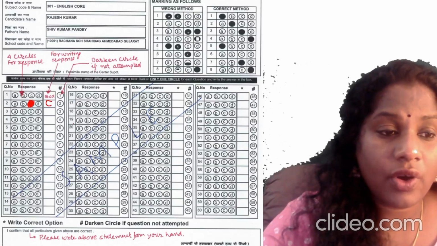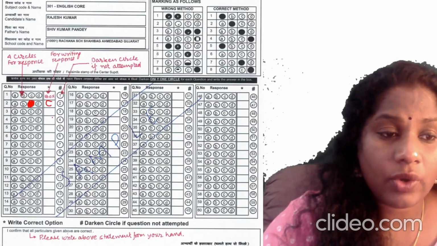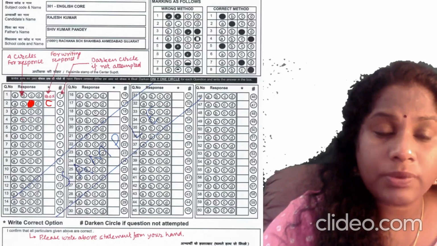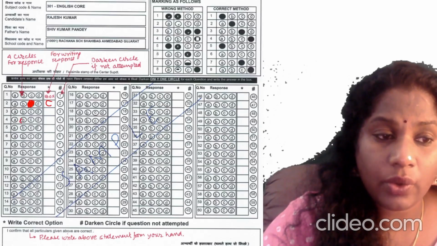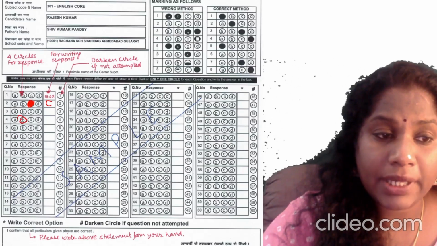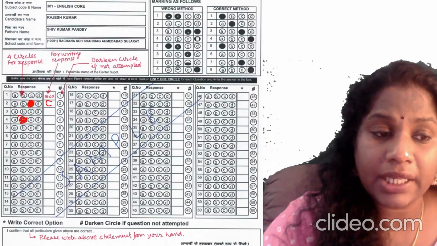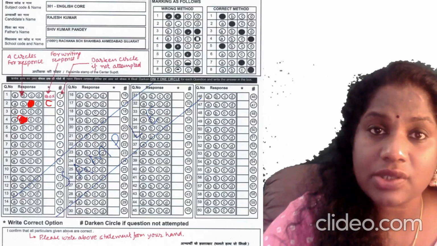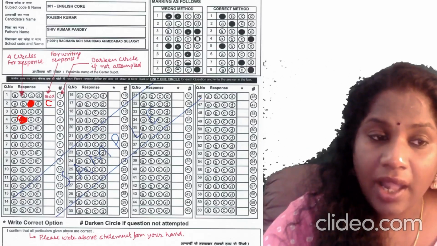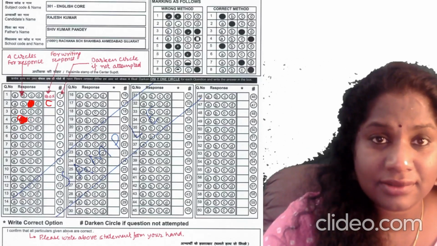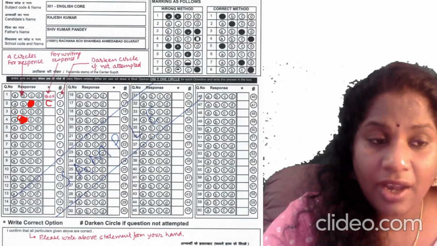Okay. Now for question number 4. If for question number 4 my option is B, I will go ahead and select B. But now what happened? After darkening B, I realized that my answer is not B, it is C. I can't go ahead and darken C also, right? What can I do?